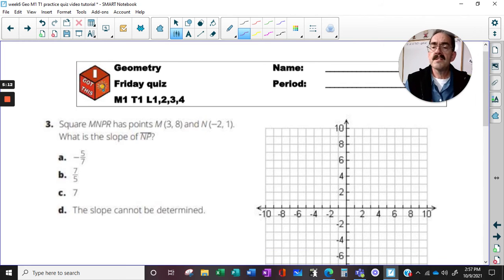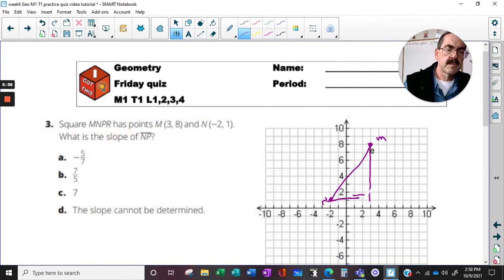Alright. A square has vertices M, N, P with coordinates 3, 8, positive 8, negative 2, 1. What is the slope of NP? Oh, well, that's easy. Slope.